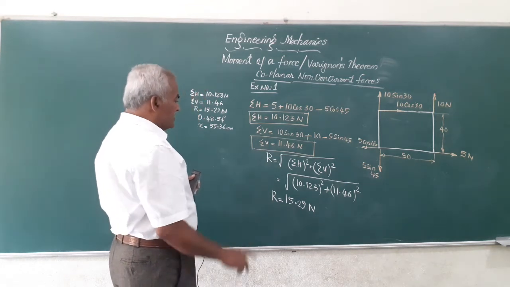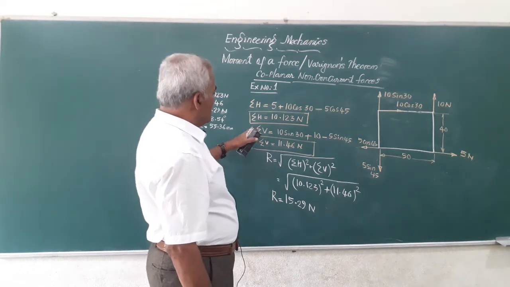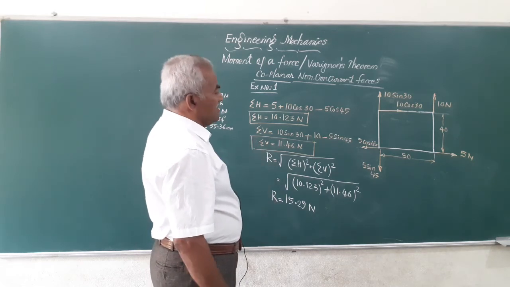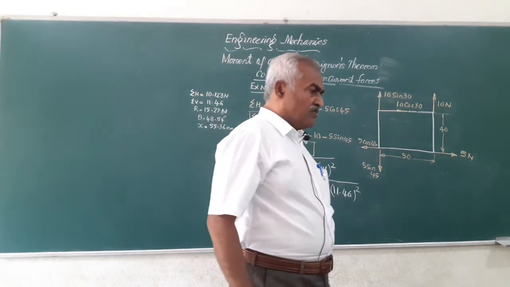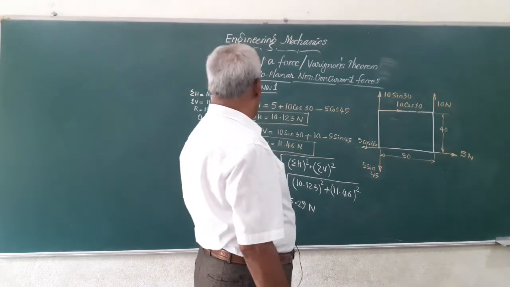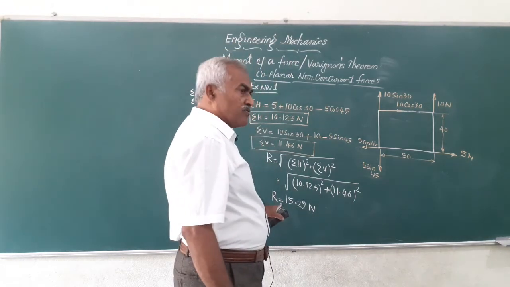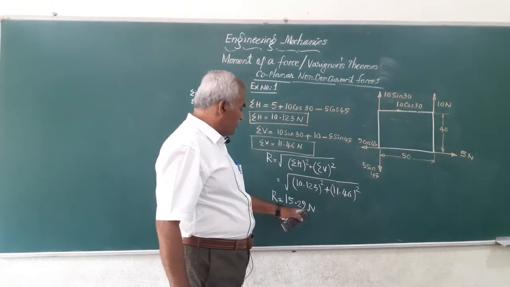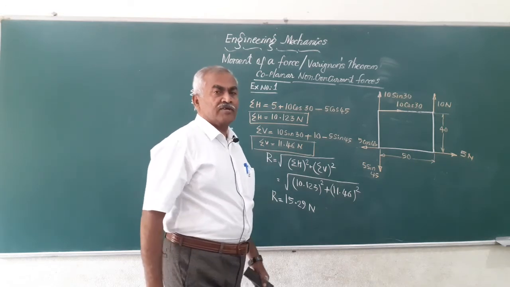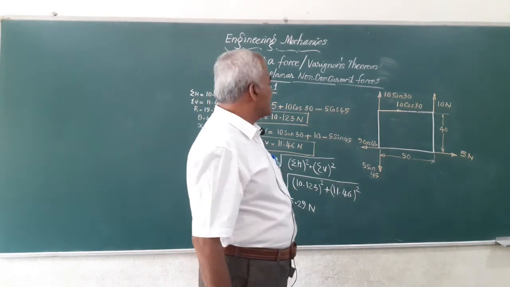Friends, after finding sigma H, sigma V and the resultant, he is asking in the question to find the magnitude. Magnitude is the numerical value of the resultant. Then he is asking you to find where it should act. That is theta, you will have to find.